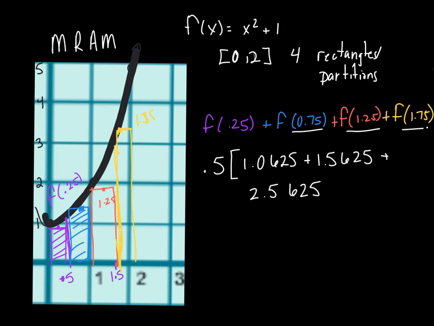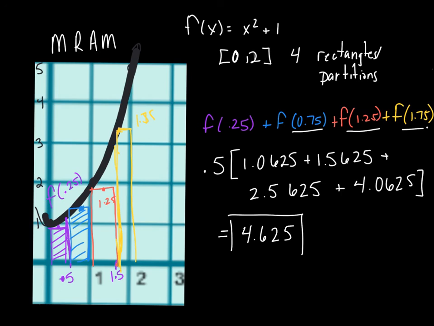And finally, the last one, f of 1.75, is 4.0625. Add all of that up and multiply it by 0.5, and you get this particular area is equal to 4.625.